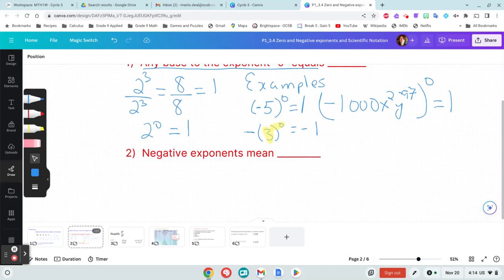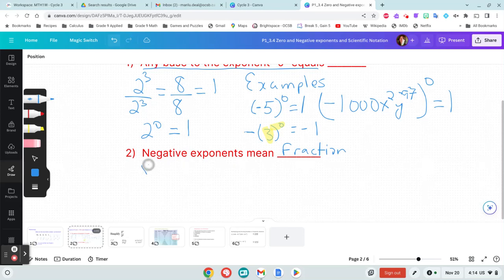Now, negative exponents generally mean that we will have a fraction. I'm a little hesitant in putting that there, but it just means that our denominator is bigger than our numerator.